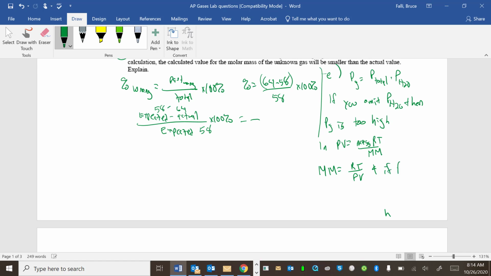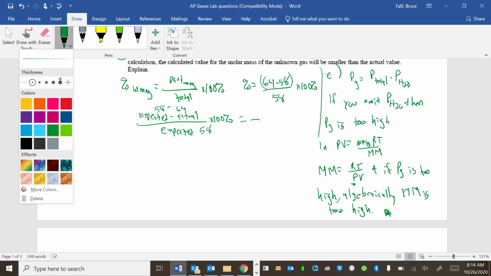And if P gas is too high, algebraically, meaning this number is too high, and I like algebraically because you don't have to explain any more than that. Algebraically, molar mass is too high. All right, so I hope that works. I get to go on to my next problem in a different color, I hope.